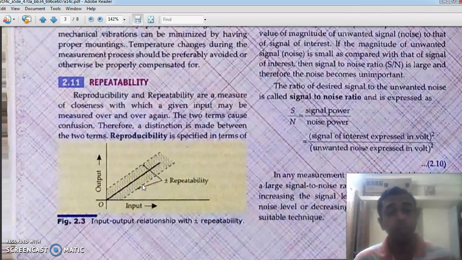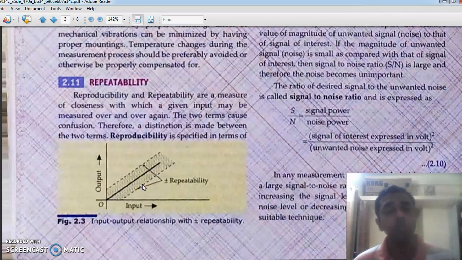Or if the readings are very vague and far outside that tolerance band, and this time it is here, another time it is somewhere else, then you cannot tell that the measuring device has good reproducibility.